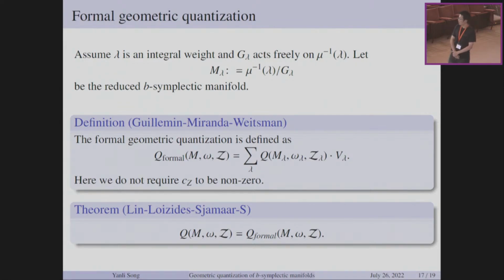G lambda is the stabilizer of lambda. Lambda is an element in the Lie algebra of T. T is the maximal torus of G.